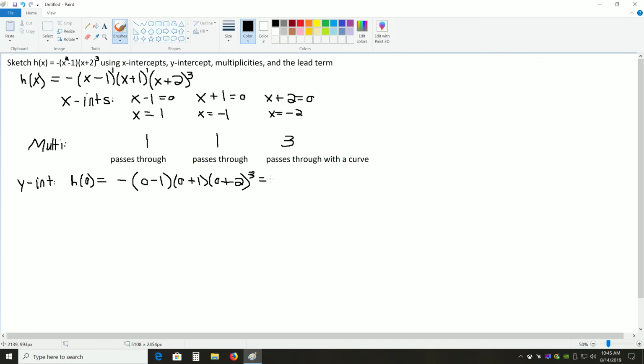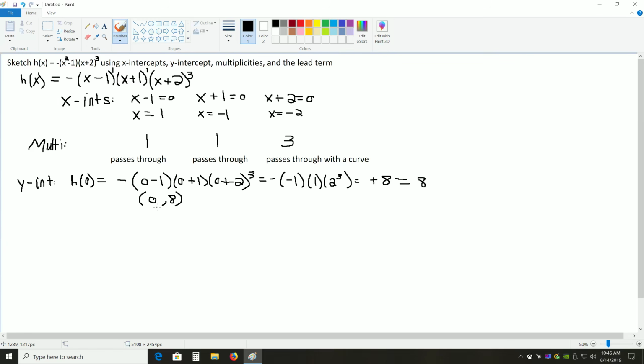Which gives us negative times negative 1 times positive 1 times 2 cubed when we simplify all of our terms, which leaves us with negative negative 8 or positive 8 or just 8. So our y-intercept is the point (0, 8). And this gives us a rough idea of where to place one extra point on our graph.